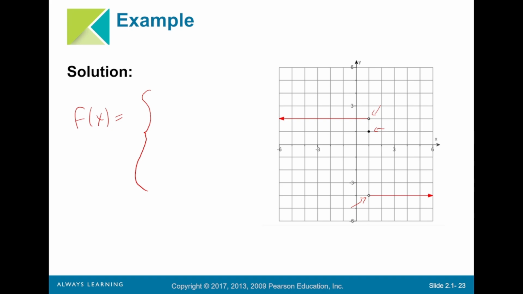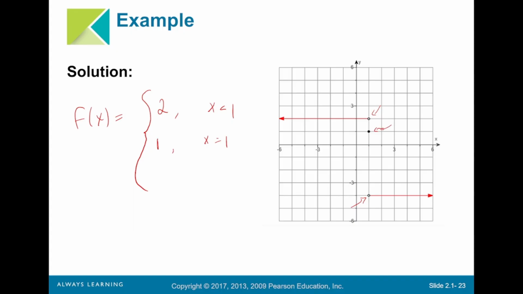For the first line, everywhere where x is less than 1, we have a constant function at 2. So my constant function 2 applies for everywhere where x is less than 1. At x equals 1, I have the function value 1.